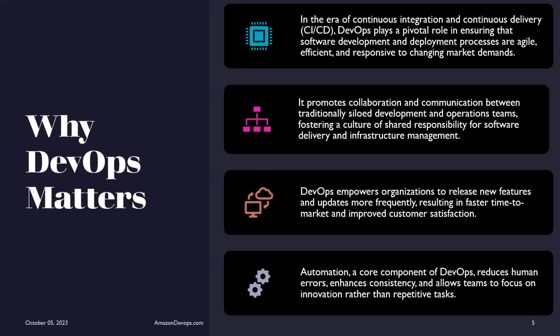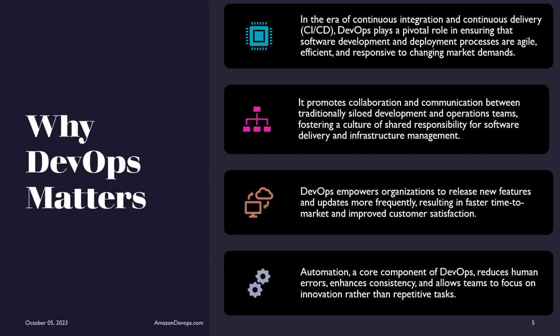When we automate things, things move faster. When we are able to deliver the software faster to the market, we are able to satisfy the customer. Through DevOps, we are able to be more efficient and more responsive to the changing demands of the market and what the customers are requesting.